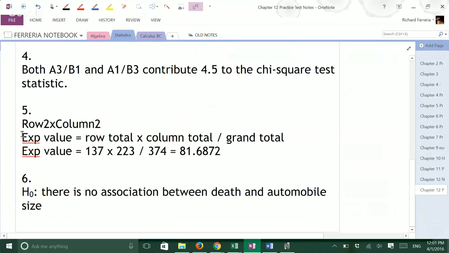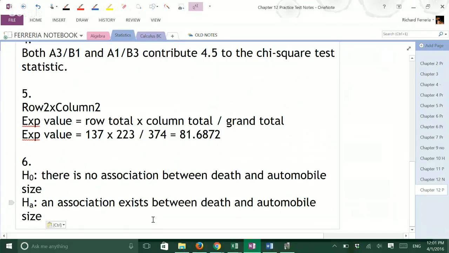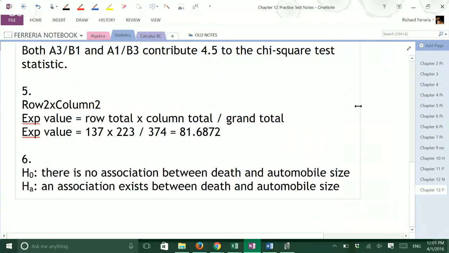And alternatively, an association exists between death and automobile size. That's great.